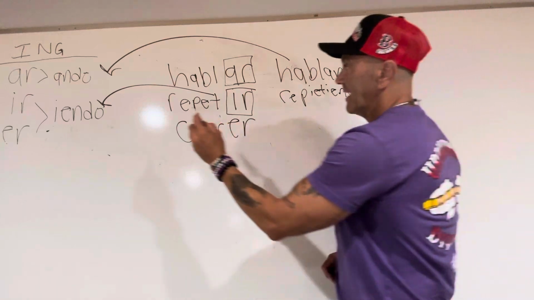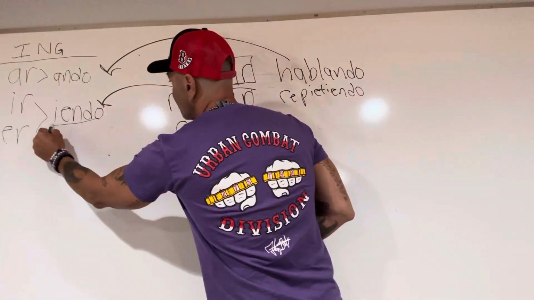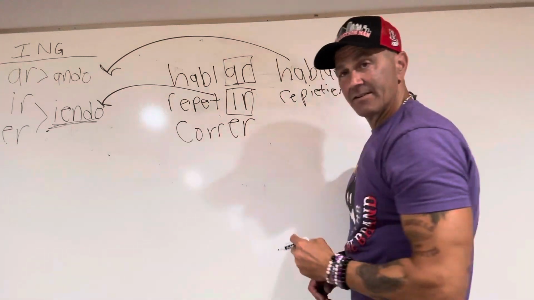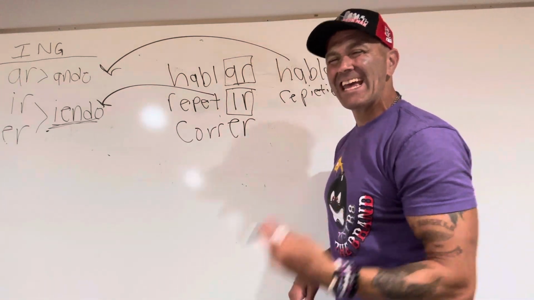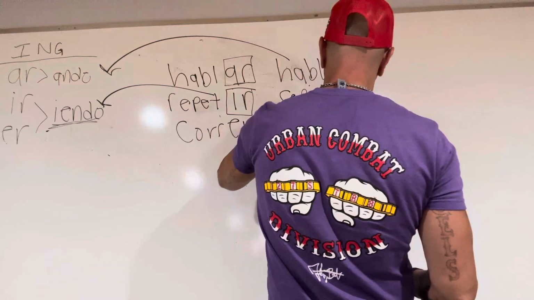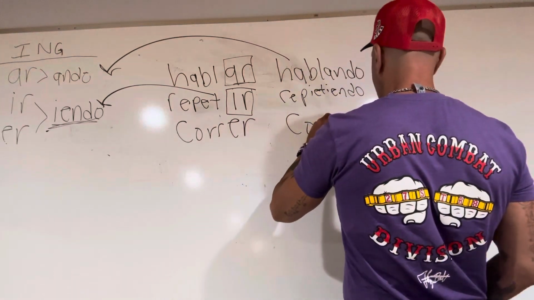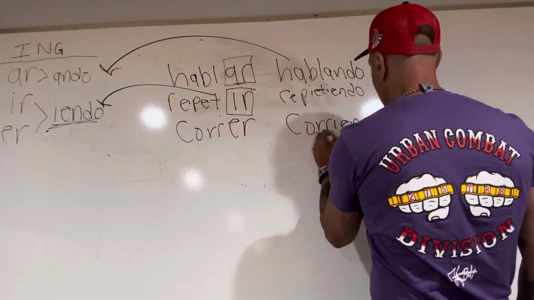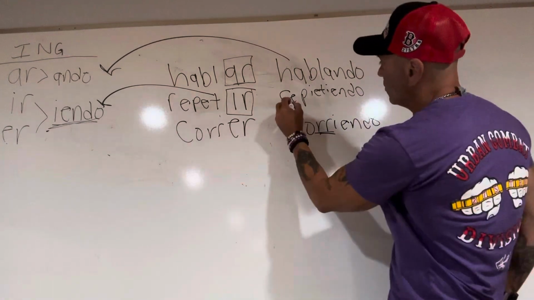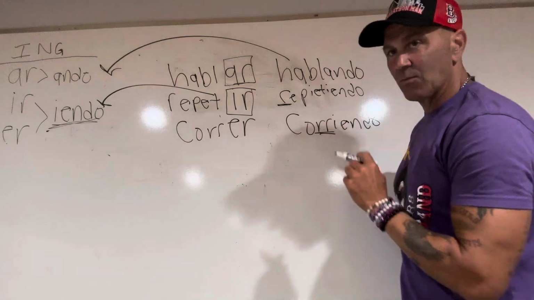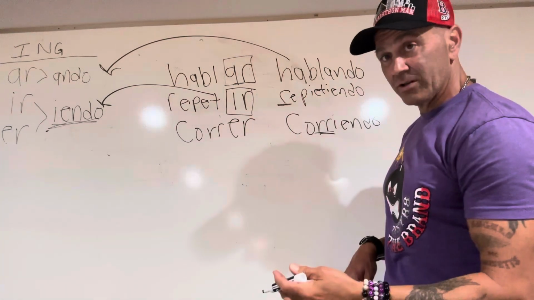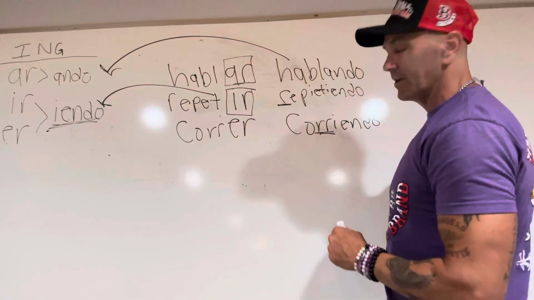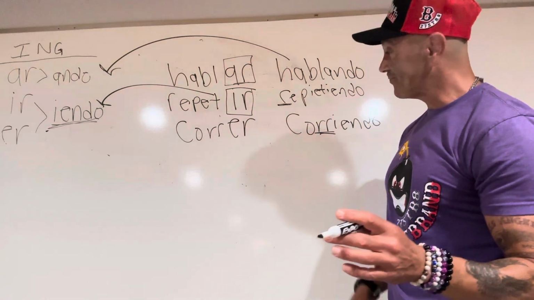Now, ER verbs follow the same paradigm, okay? Correr is what? Corriendo, okay? And you trill the R's, right? Because it's a double R, not a single R. And you only do it in the very beginning. If the word begins in R, you can trill the R. Trill the R in repitiendo, corriendo, okay?